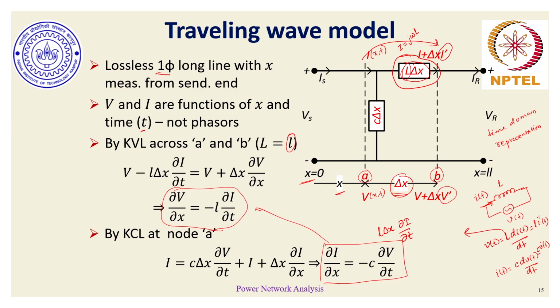If you correlate these two equations, they look more or less analogous to the long line model in the phasor domain. The difference is that now we have the variable x, the distance, as well as the variable for time t. So let's look at it in a bit more detail.